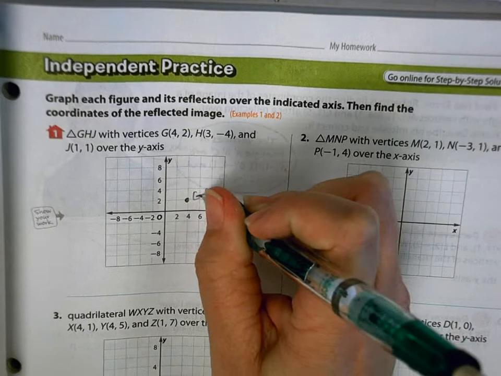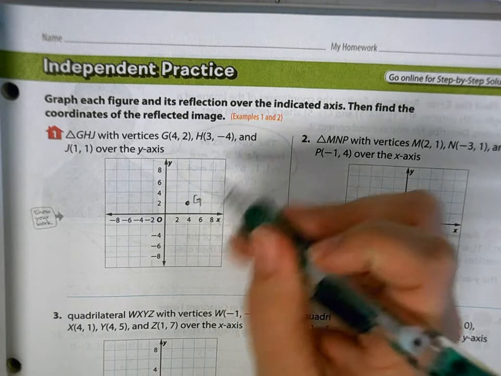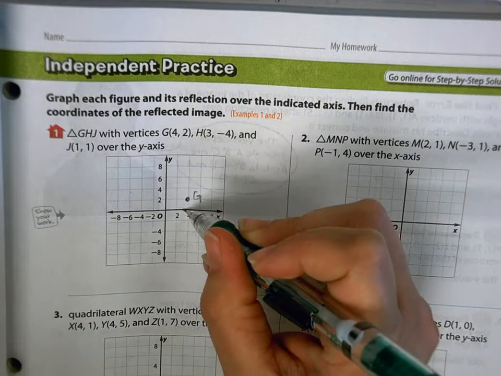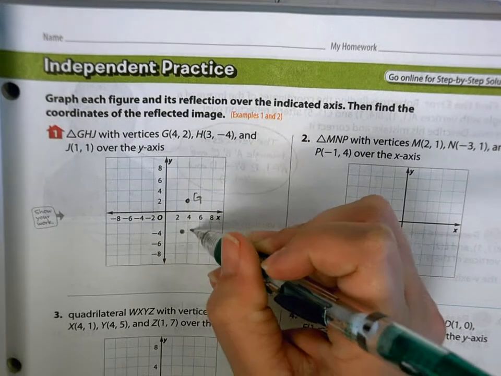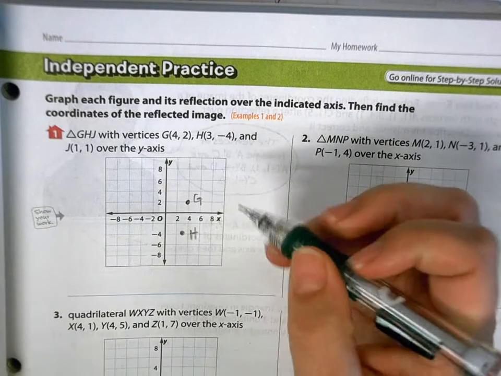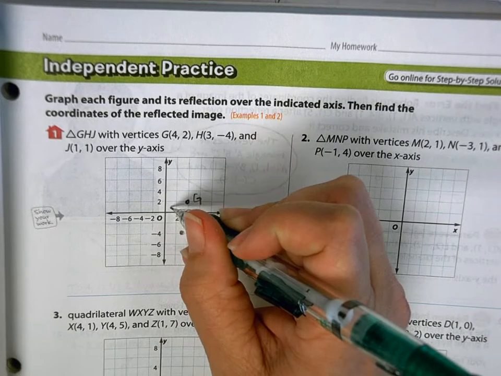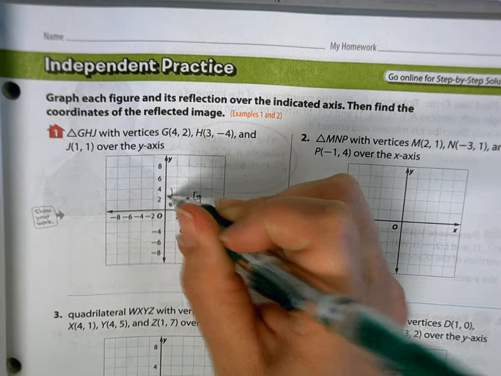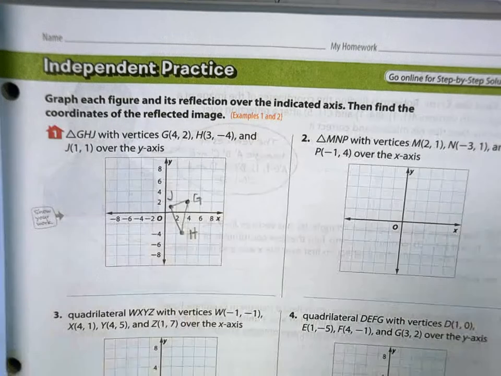And put G. And then H is 3, negative 4, so go over between 2 and 4 and down to the negative 4, and that's H. And then 1, 1 for J, so basically go halfway between 0 and 1 and halfway between 0 and 1. So that's J. Connect the dots and you should have a triangle like mine. So far so good?